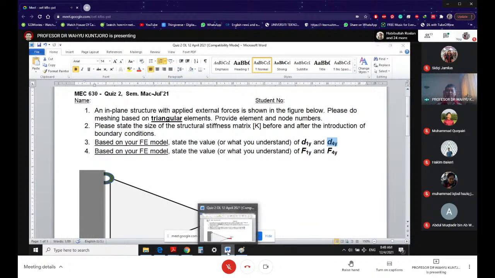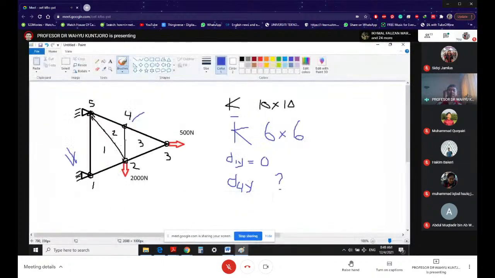F1Y and F4Y. F1Y is again at that support. F1Y is a reaction force. So it might not be 0, F1Y, because it is a support. That means it will have a reaction in the Y direction. What is the value? We do not know. The force values that you know are at node number 2, 3, and 4. Okay? Applied forces at 2, 3, 4, you know.